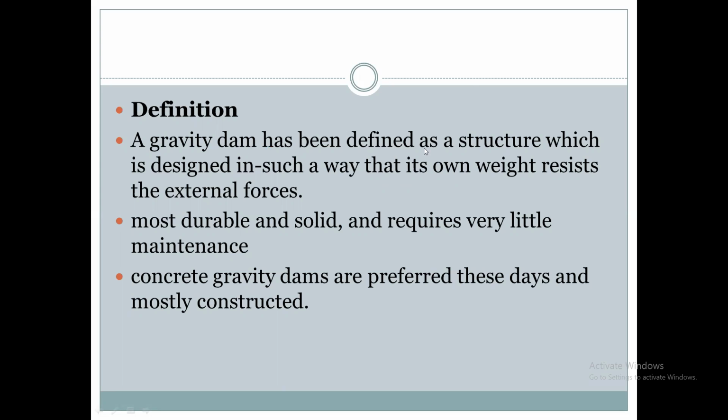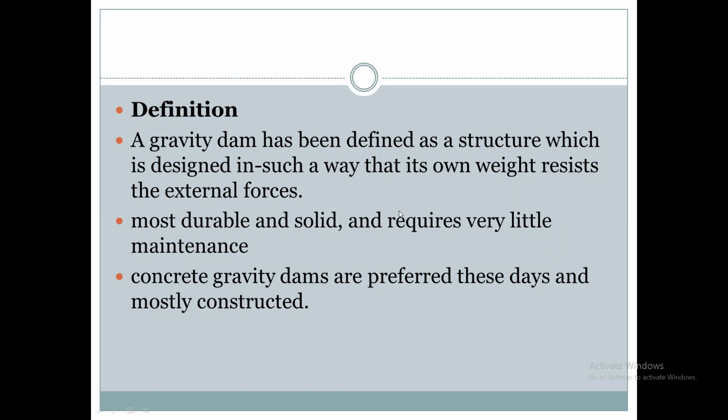A gravity dam is defined as a structure which is designed in such a way that, due to its own weight, its own self weight, it resists the external forces. It resists the forces coming on that dam structure.